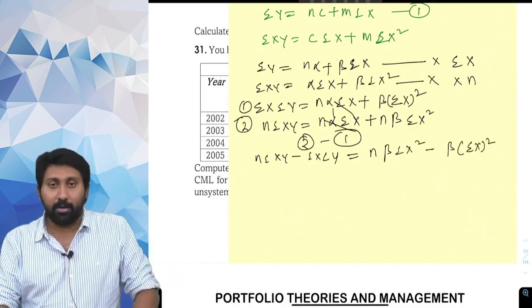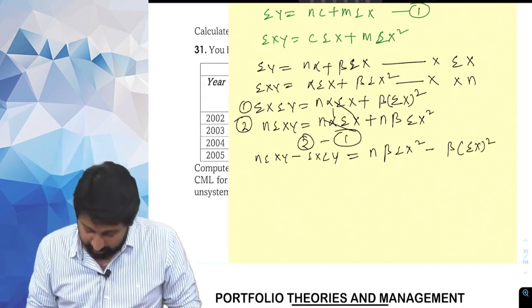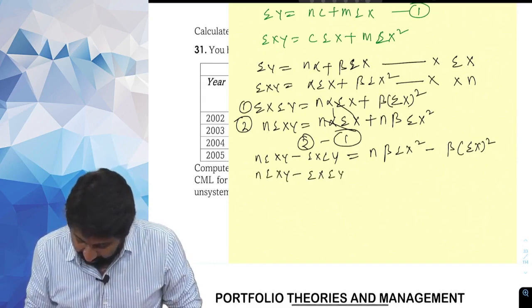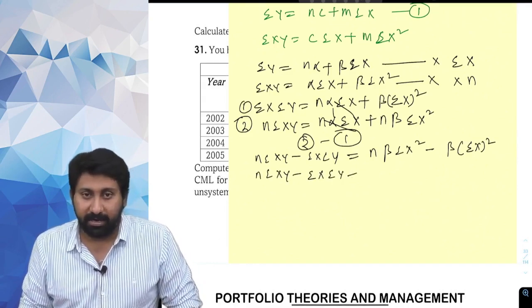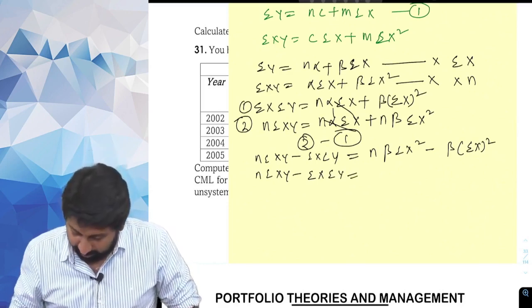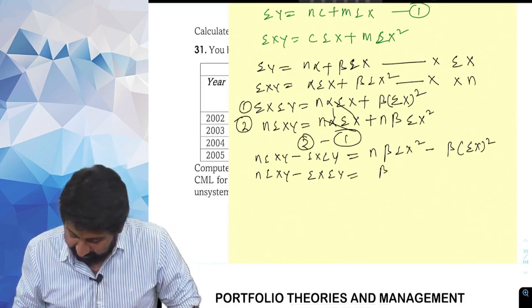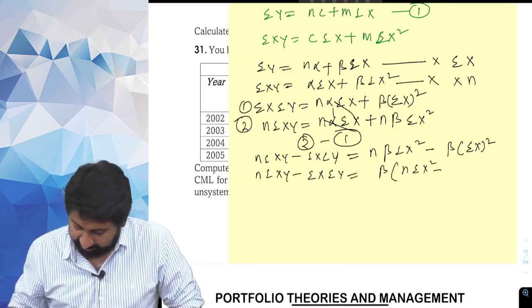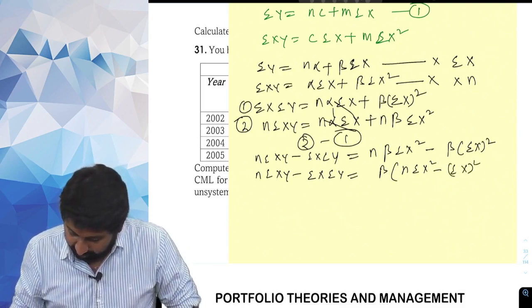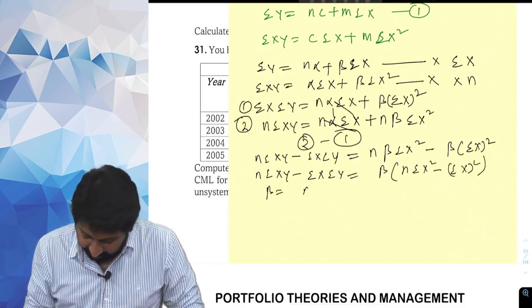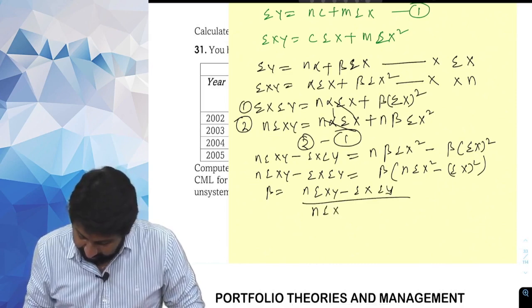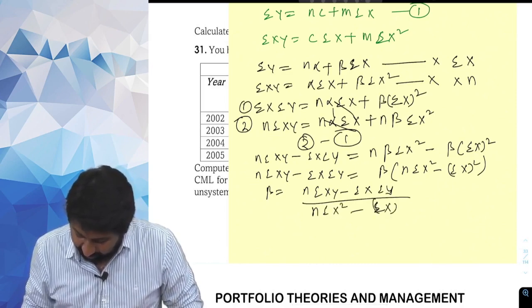Setting beta aside, beta equals n sigma xy minus sigma x sigma y, divided by n sigma x square minus sigma x the whole square.